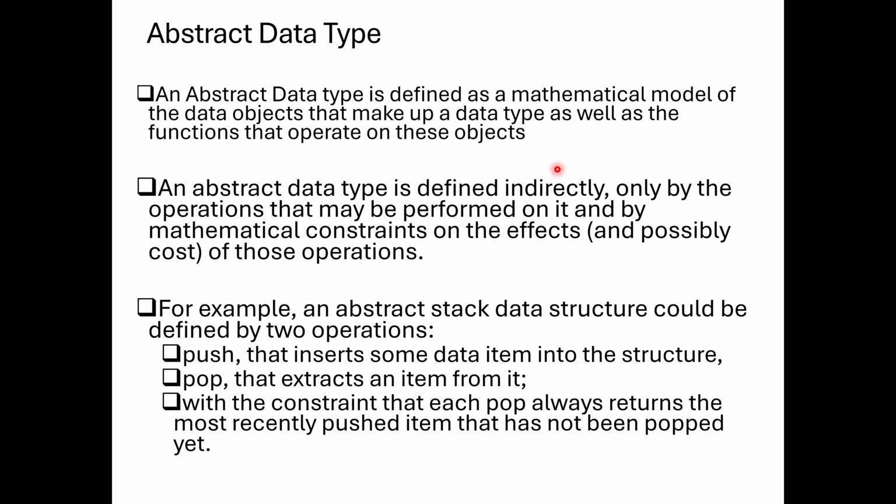Now, we can solve that problem by creating what we call an abstract data type. Now, abstract data types go further than composite types in one way. That is, they don't just allow us to organize data, but more importantly, they allow us to operate with that data structure in a more efficient manner.